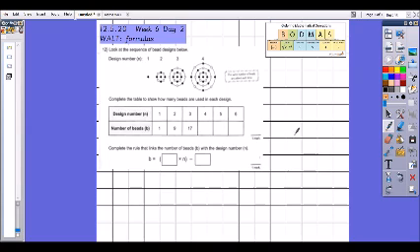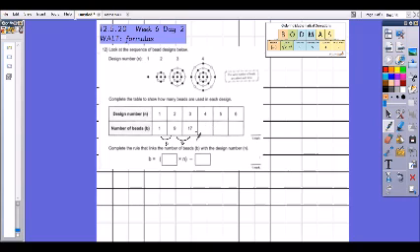The first thing we can do is work out the difference between the numbers in the sequence to see if there is a similarity. So the difference between 1 and 9, 9 take away 1 is 8, and then the difference between 9 and 17, 17 take away 9 is 8. So we know that our sequence is going up in 8 each time, therefore we can easily work out the rest of the sequence.